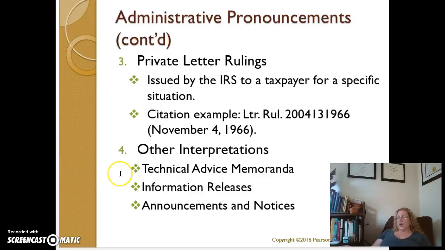Some other interpretations include technical advice memoranda, information releases, and announcements and notices. So this is just a brief overview of the IRS code and how it's put together and some of the various rulings and pronouncements that might be put out by the IRS.